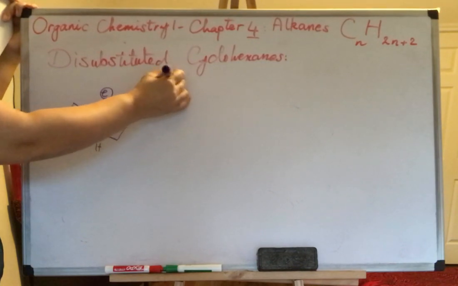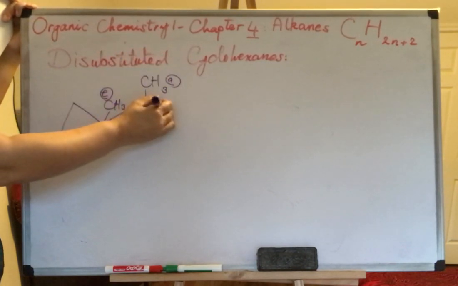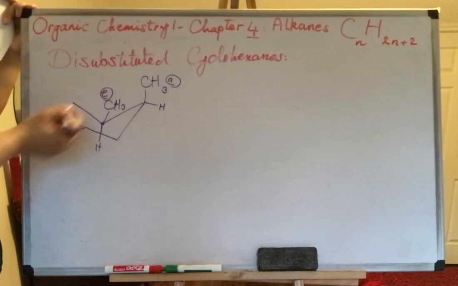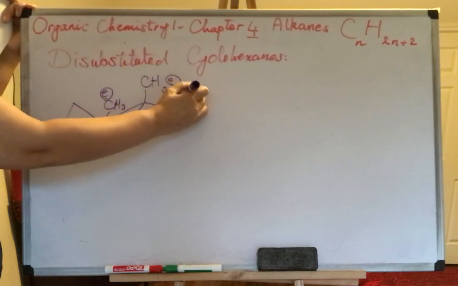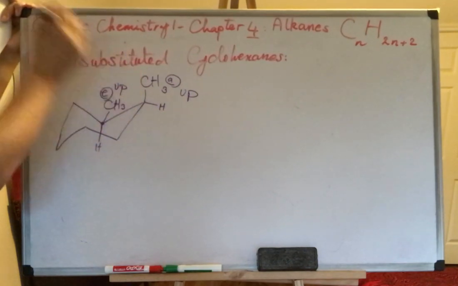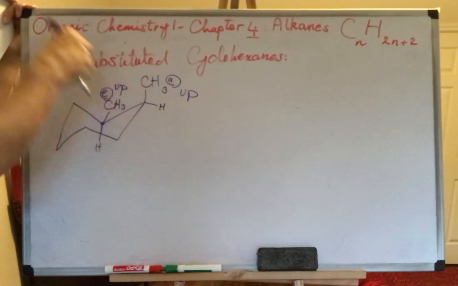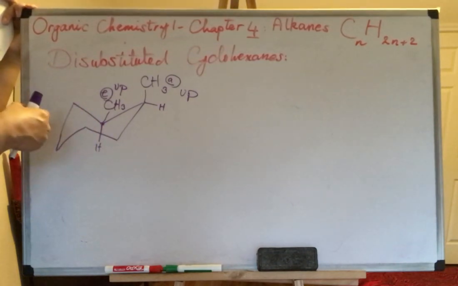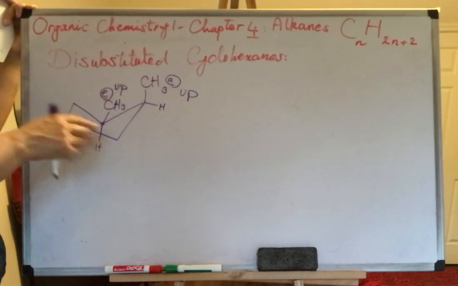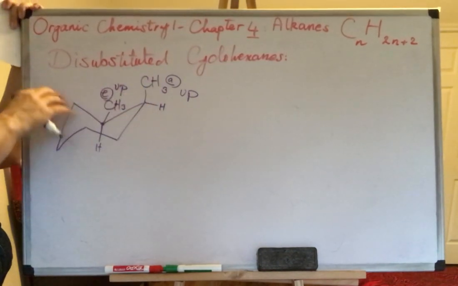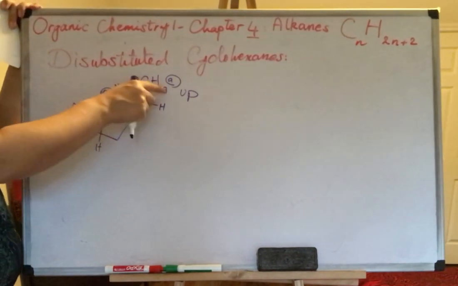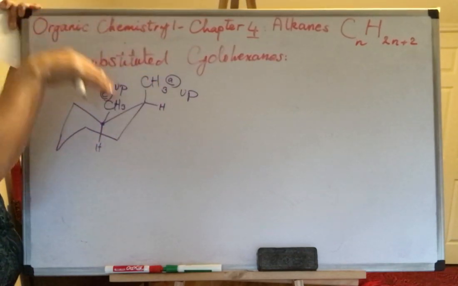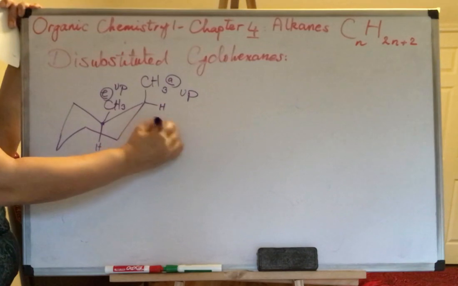This is an axial, on the up carbon it is up. And its equatorial hydrogen is on the bottom. Up and up, right? Didn't we just say when the substituents are on the same side, it's called cis? When they are both up, it doesn't matter if they're axial or equatorial, but both of them should be on the same side, either up or down. So this is called cis.